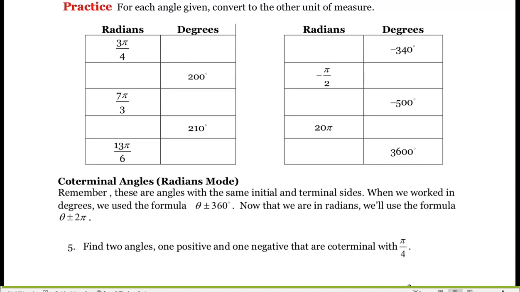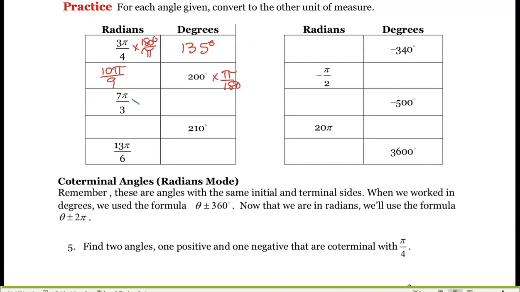Okay, so we're going to do some more practicing here. So for each of these, we're going to convert. If I want degrees, I multiply by 180 degrees over pi, and I reduce, and I should get 135 degrees. If I want radians, I'm going to multiply by pi over 180, and when I do that, I'm going to get 10 pi over 9. Okay, check this for yourself.